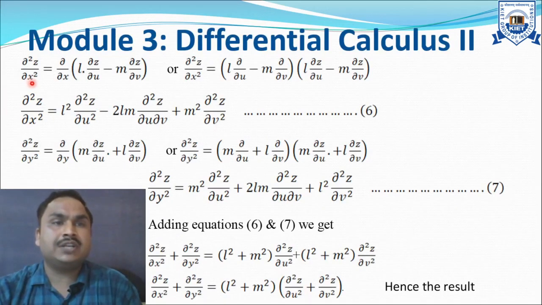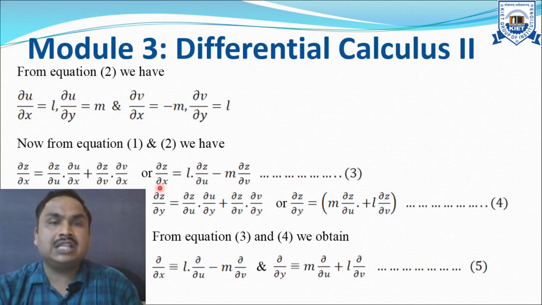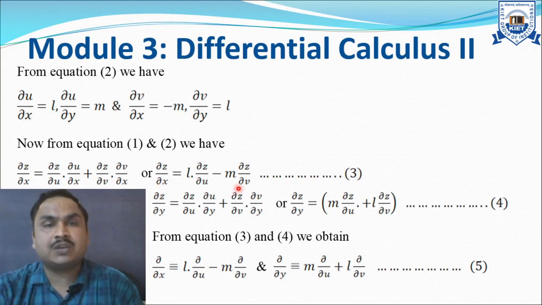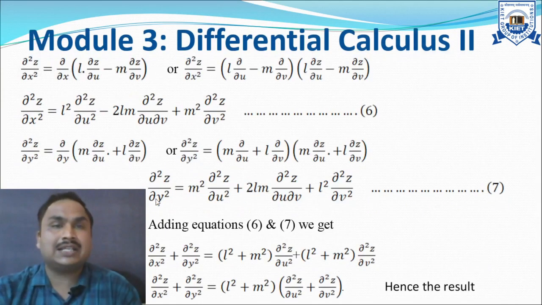Now to find del 2z over del x square, we need to differentiate del z over del x with respect to x again. So if we differentiate equation 3 with respect to x on both sides, LHS will be del 2z over del x square, but in RHS we shall have del over del x of l into del z over del u minus m into del z over del v.